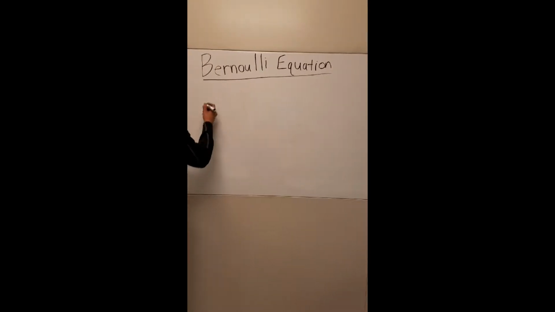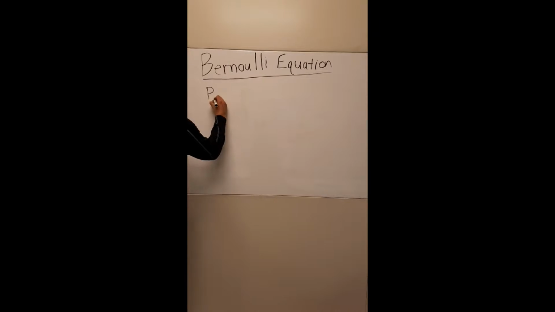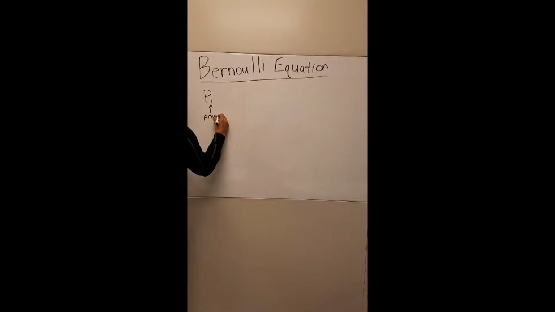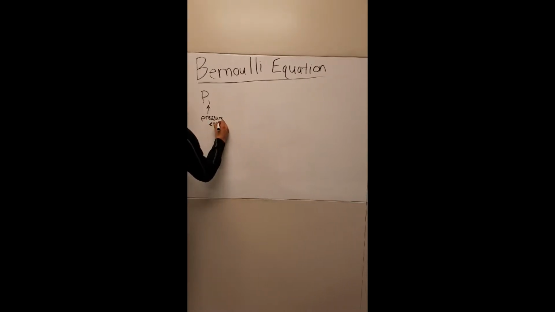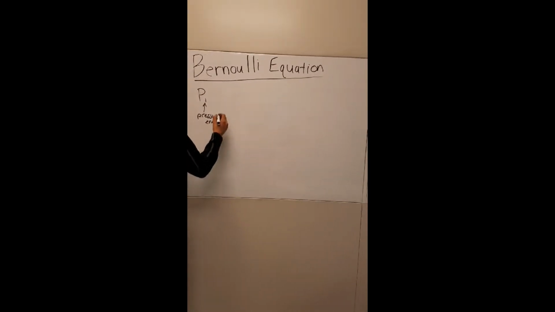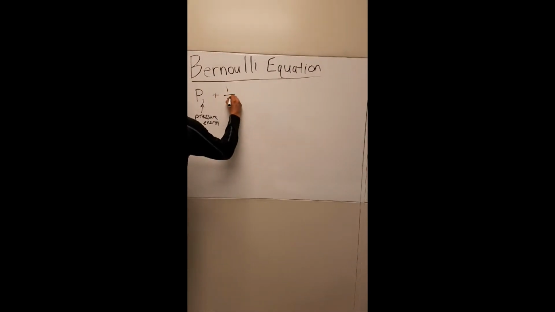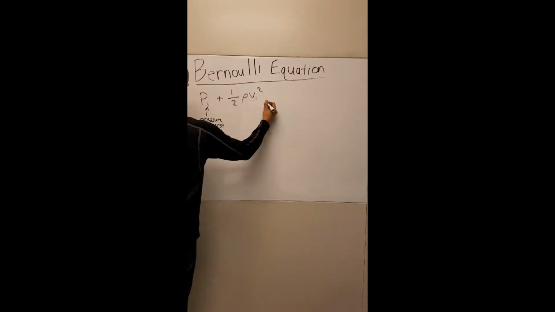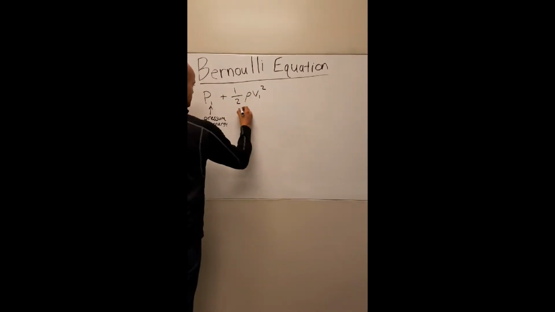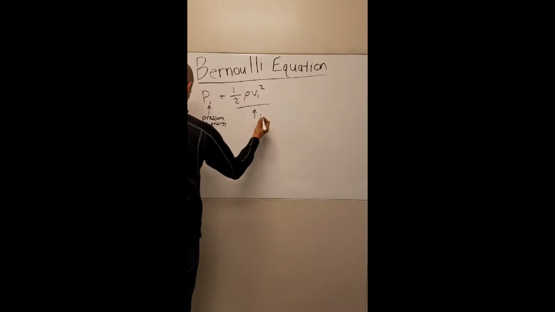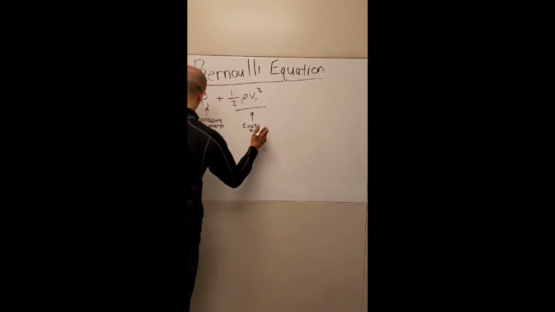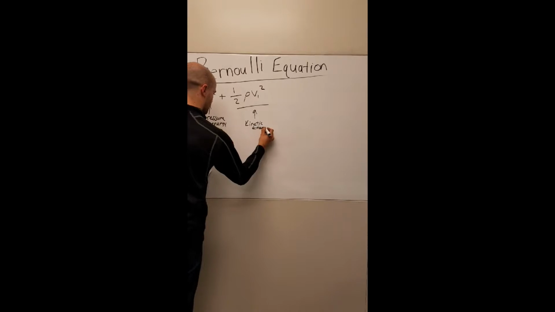unit volume after. This is depicted with the formula P1, which represents your pressure energy, plus 1/2 rho v1 squared, which represents the kinetic energy per unit volume.